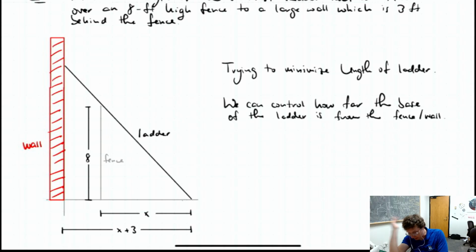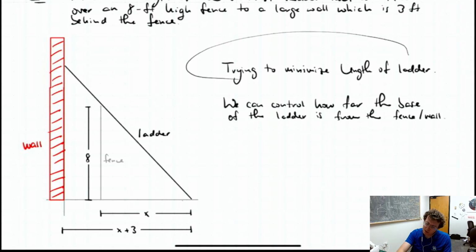No, that's like actually how I solve a problem. It is really helpful to draw a picture. Okay, so I've started to label some things, and I started labeling based on thinking about what's the thing that I get to control in this scenario. So now I'm going to try to think a little more about the thing that I'm trying to minimize, which is the length of the ladder.